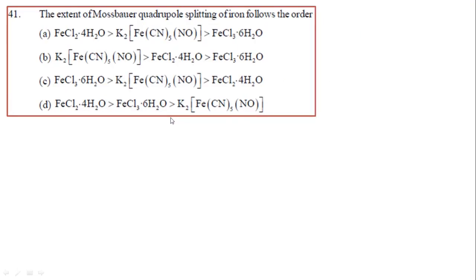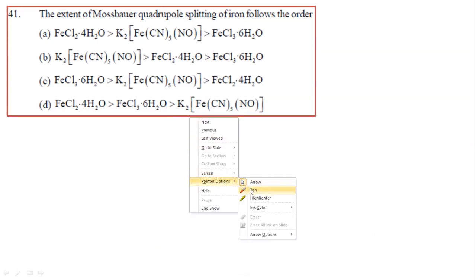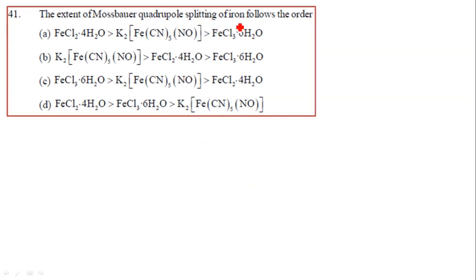Next question. Mossbauer quadrupole splitting of iron is in the following order. Here 3 types of compounds were given: FeCl2·4H2O, K2[Fe(CN)5NO], and FeCl3·6H2O.